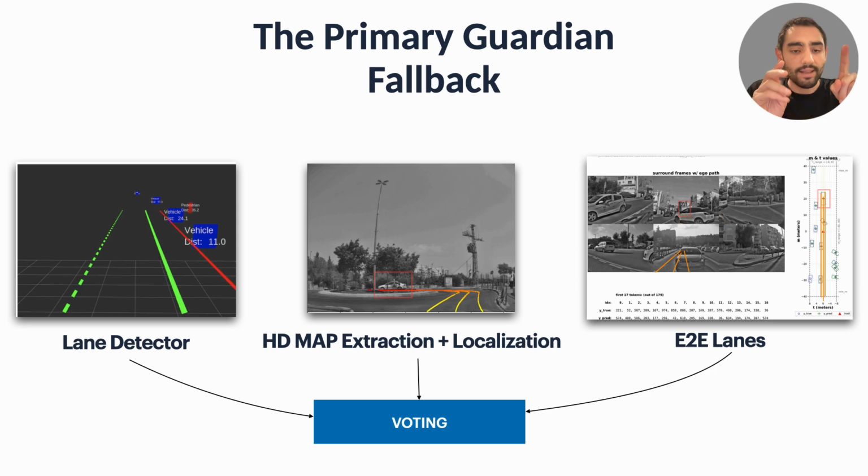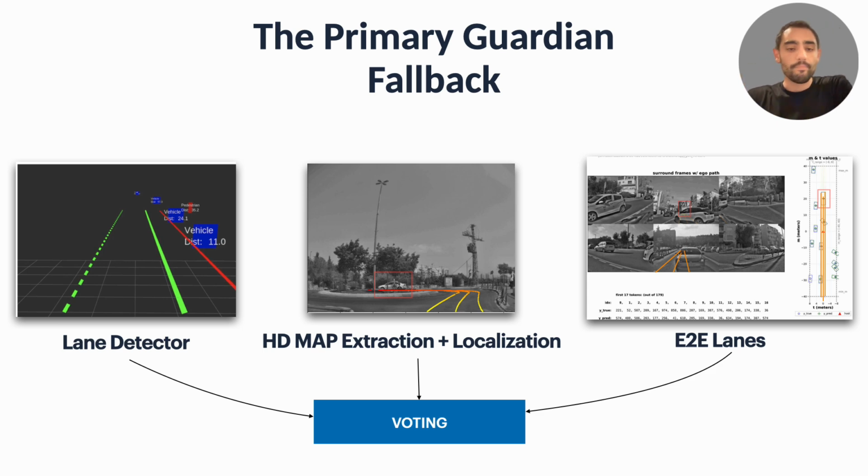Let's say the one they trust the most is lane detection, and then they compare that with the HD map extraction. And if the HD map extraction says, oh no, this is not the same thing, this one is 2 centimeters to the right, everything is wrong, then they look at the end-to-end system, and this end-to-end system is going to be the one that confirms everything, okay?